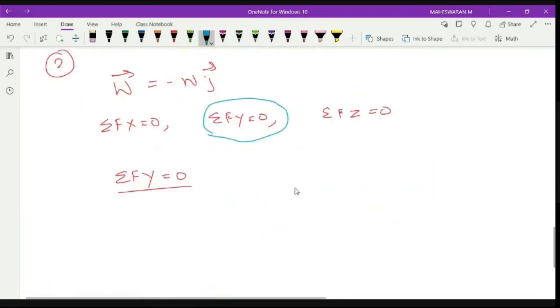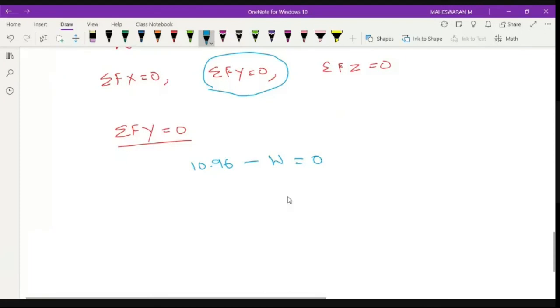This 10.96 minus W should be equal to 0, which means your W is 10.96 kilonewton.